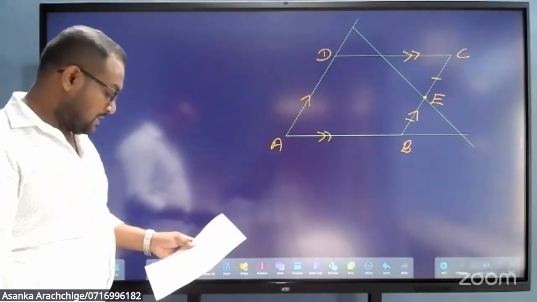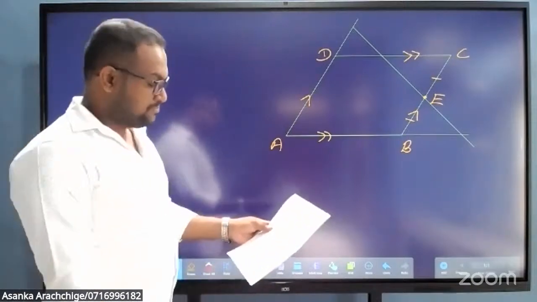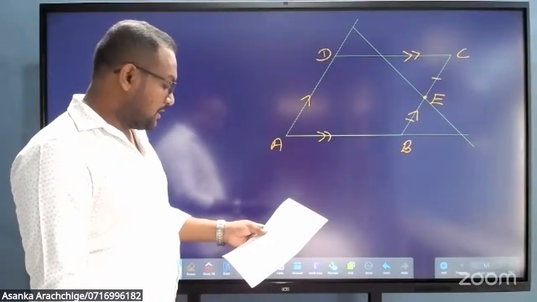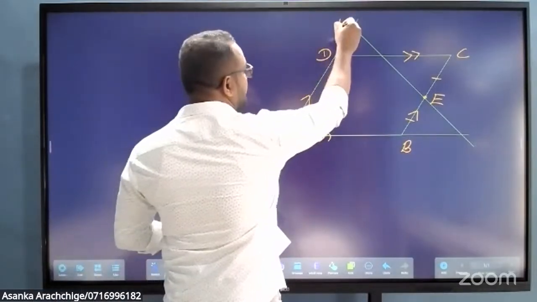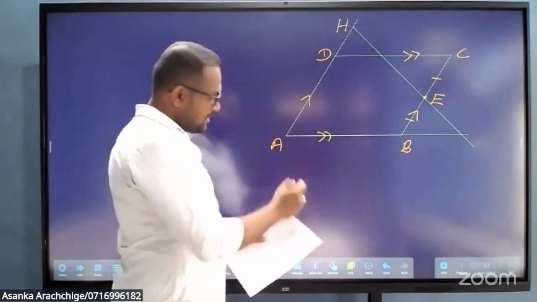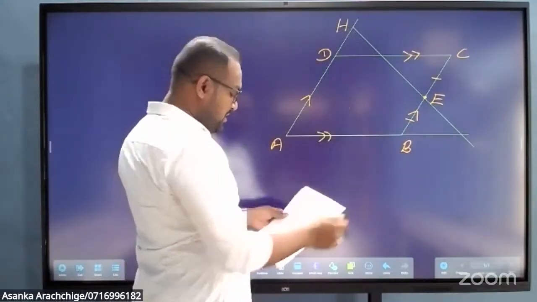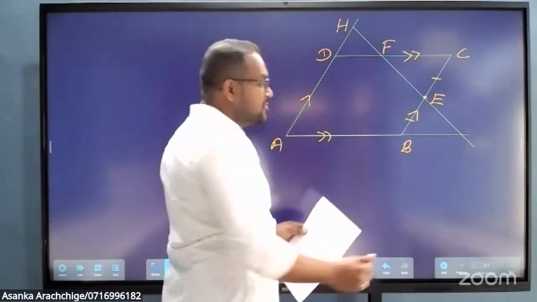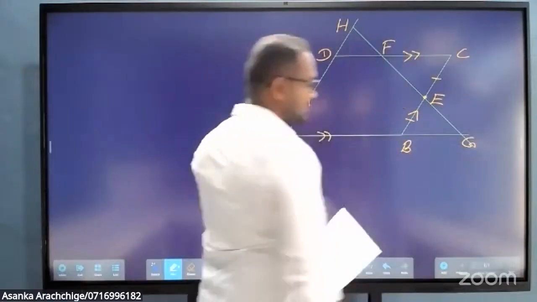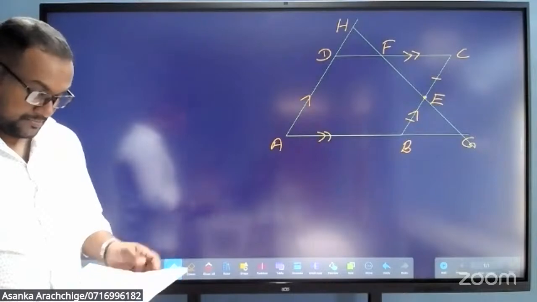ABCD is a parallelogram. E is the midpoint of BC. EF and AB produced meet at H. This is H. AB and FE produced meet at G. This point of intersection is G. So this is the given diagram.